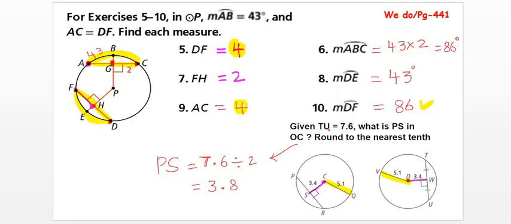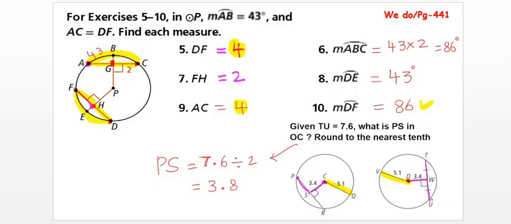Now what do they want us to find? They are saying this chord TU is 7.6, and they want us to find how long PS is. Both these chords will be of the same measurement because they are equidistant from the center, 3.4 and 3.4. So PR has the same length as TU.